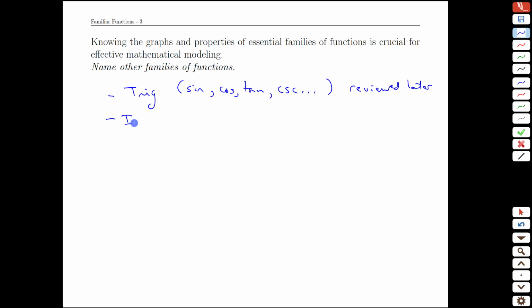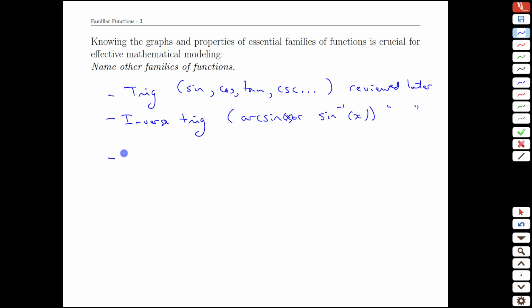We also have the class of inverse trig functions, and those are called arcsine, or some students have it introduced as sine to the power -1, and again that we'll get into a little bit later as well. If you haven't seen it before, we will introduce it in a bit more detail.